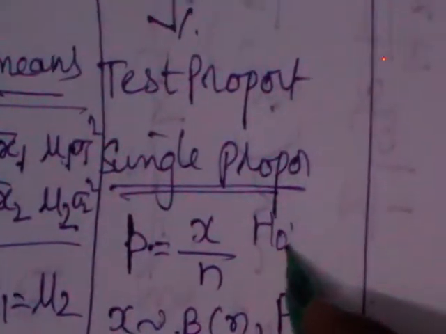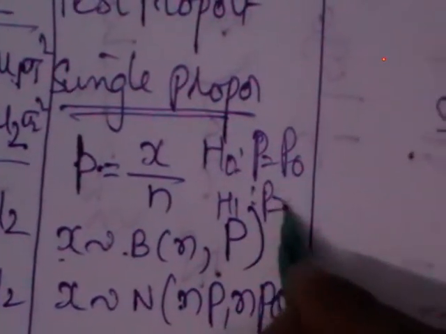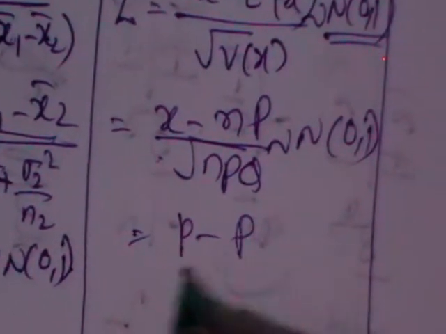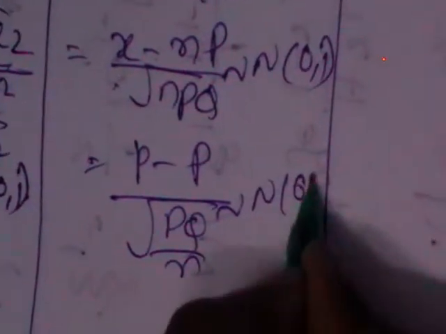To get the test, what is the null hypothesis here? H0 such that p is equal to p0, H1 such that p is not equal to p0. You divide by n here, you will get (p hat minus p) by root over pq by n, which follows N(0,1). Decision is useful. For the difference of proportions, you are going to describe n1 and n2 and small p1 and p2.